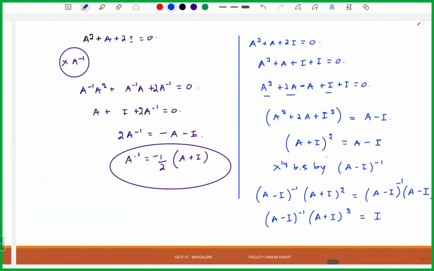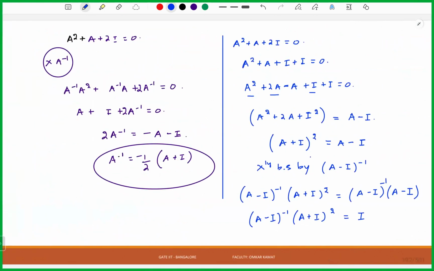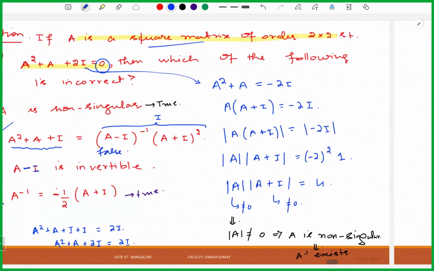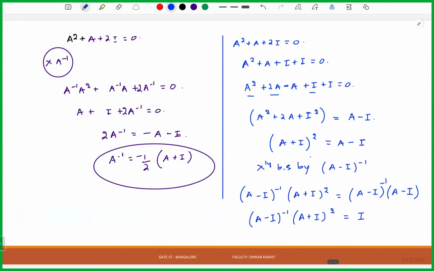So A minus I is invertible. You are saying, but from here, see, A minus I is invertible.